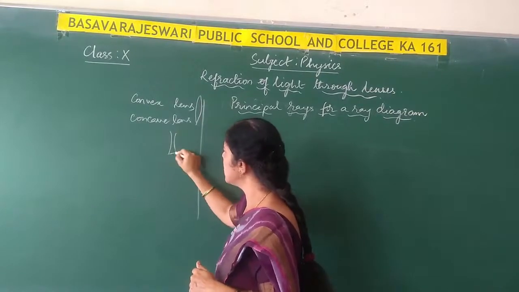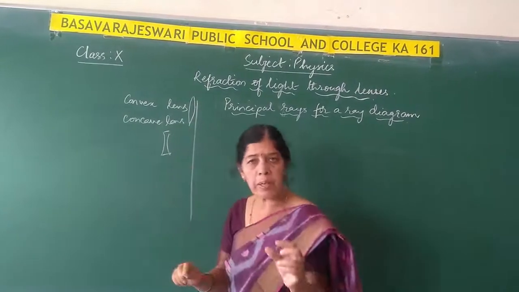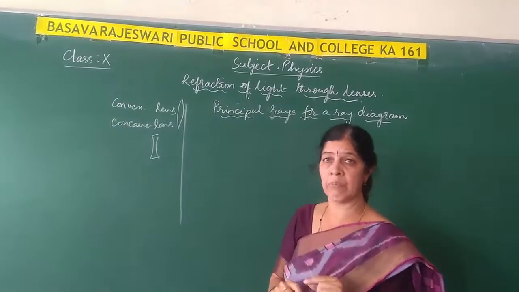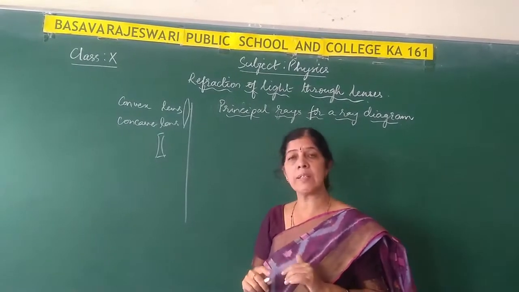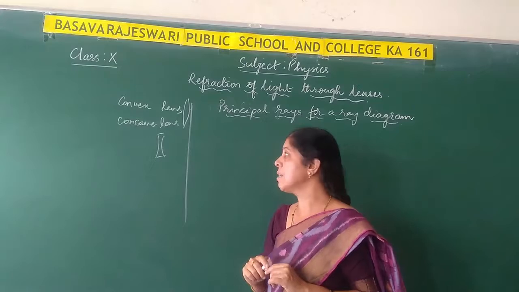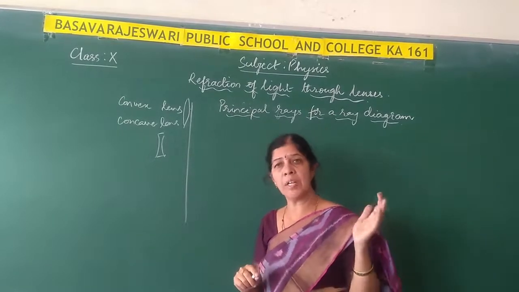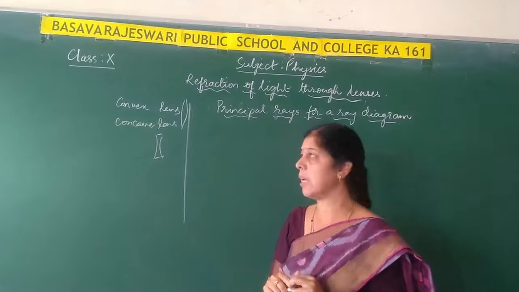Whereas for a concave lens, if you pour a drop of water, it will remain at the center only. And based on the action, a convex lens has a converging action, whereas a concave lens has a diverging action. That we have learnt in previous sessions by ray diagrams.